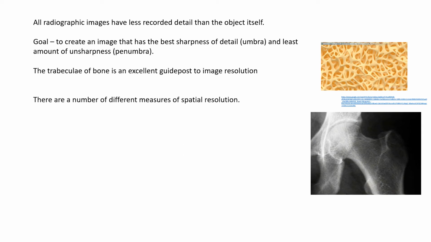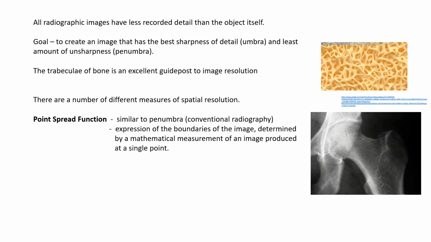There are a number of different measures of spatial resolution. Once again, you're going to talk much more about these in your digital imaging class. But the first one I want to mention that's pointed out in the book is point spread function. It's similar to penumbra if we're talking about film screen or conventional radiography. It's an expression of the boundaries of the image determined by a mathematical measurement of an image produced at a single point. That's a lot of verbiage, and what does it mean?